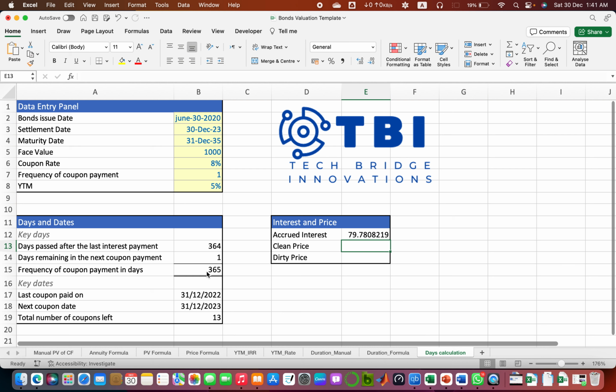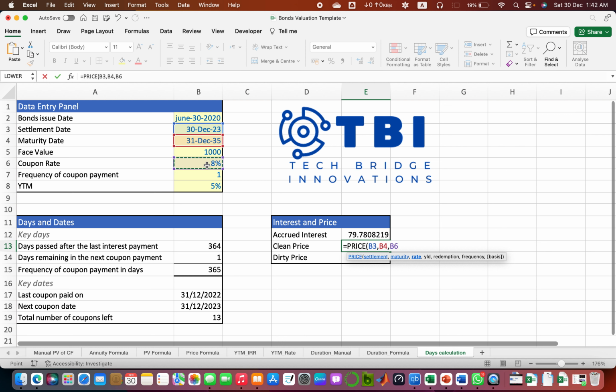Now the clean price, we know, is the price without interest, so we can use the PRICE function. And again the same thing: settlement date, maturity date, the rate, which is the coupon rate, then the yield, which is 5%, then the redemption value, that is this one, and the frequency, and that's it.